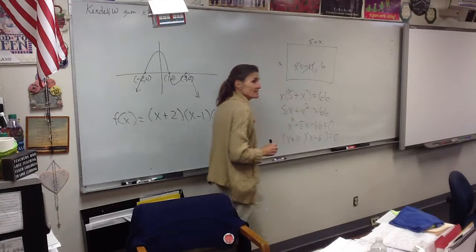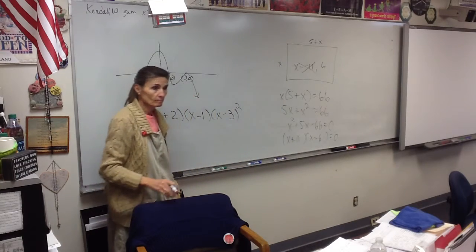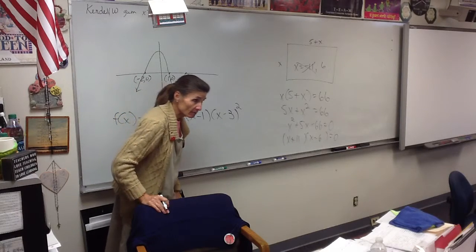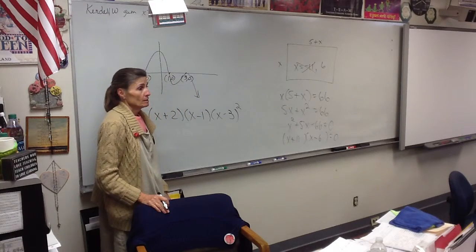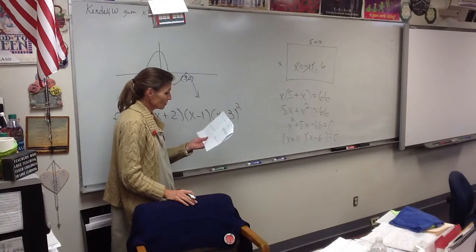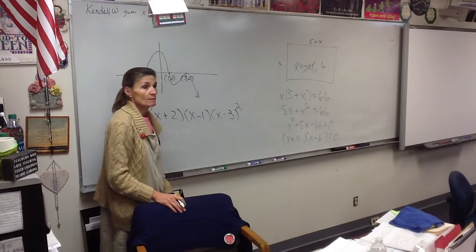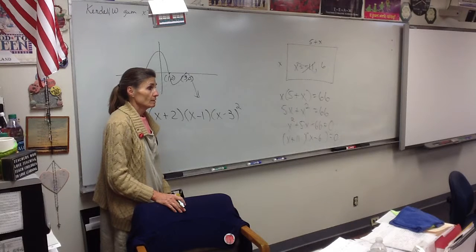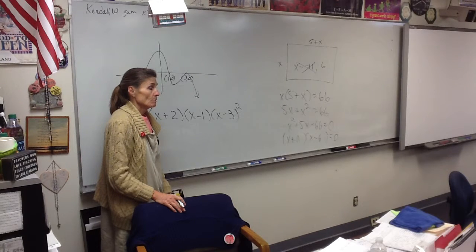Obviously, negative 11 is not going to work, right? Can't have a width that's negative 11. So what are the dimensions of the picture? Width is 6 feet, in length, 6 by 11, yeah, 6 feet by 11 feet. All right.